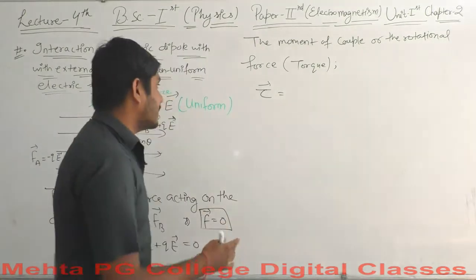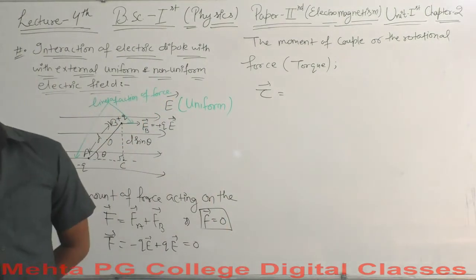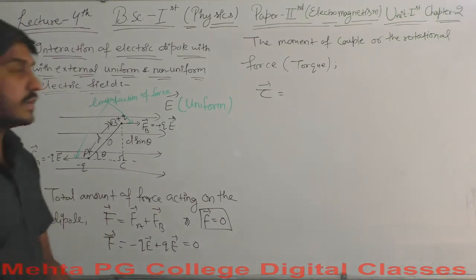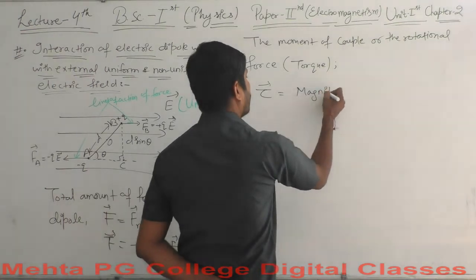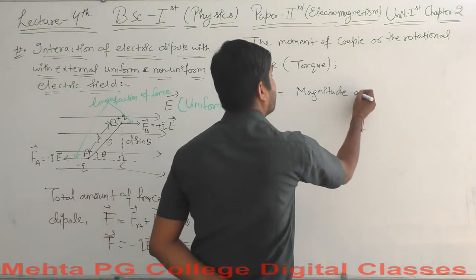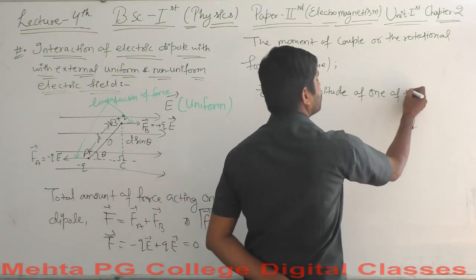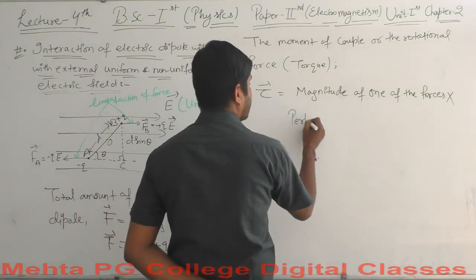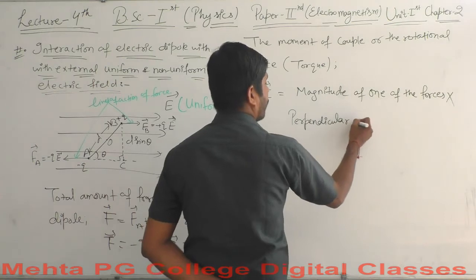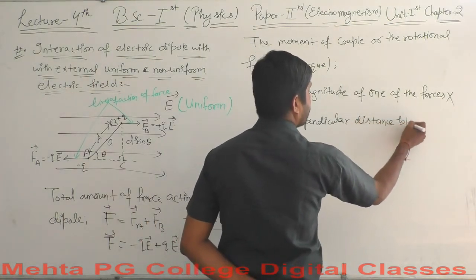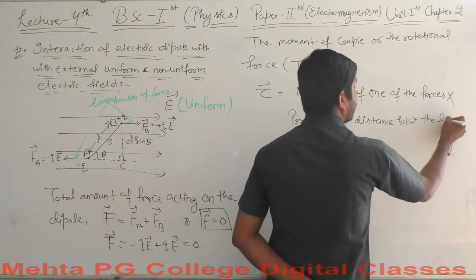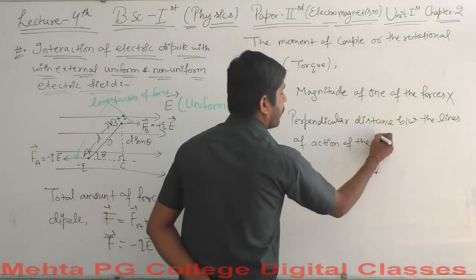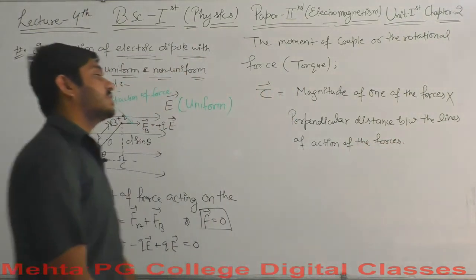Force is always a vector quantity, so torque is also a vector quantity, and its value must be equal to the magnitude of one of the forces times the perpendicular distance between the lines of action of the forces.